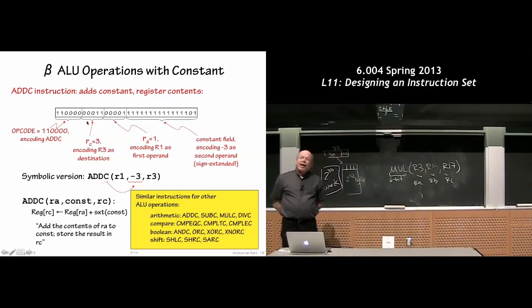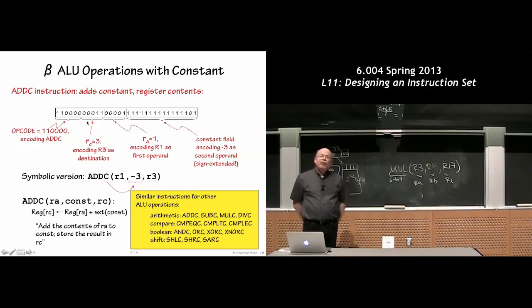Alrighty, so now we have the next 40%, 45% of the instruction set, which is also ALU operations. What's the difference between the instructions on this page and the instructions on the previous page? Well, first of all, different opcodes. This is another set of 16 opcodes.